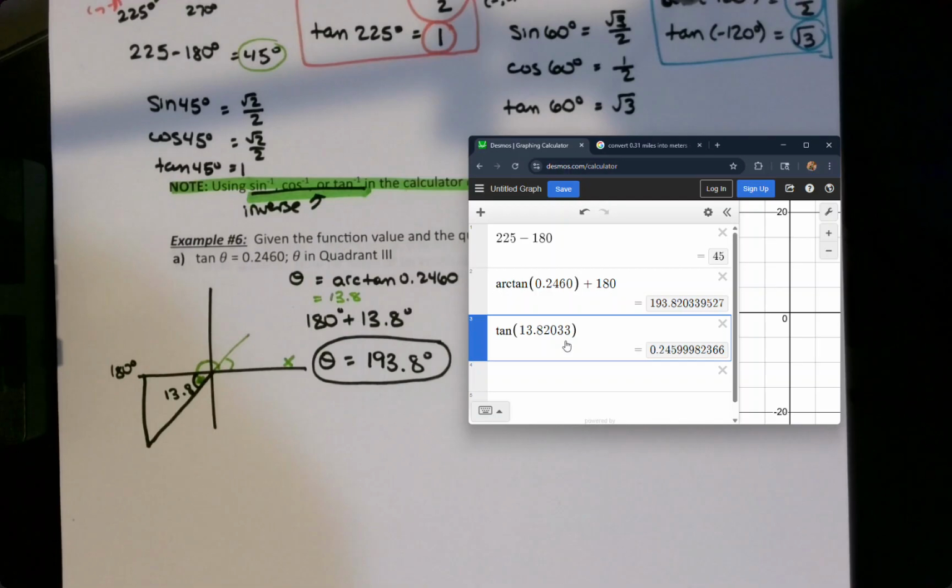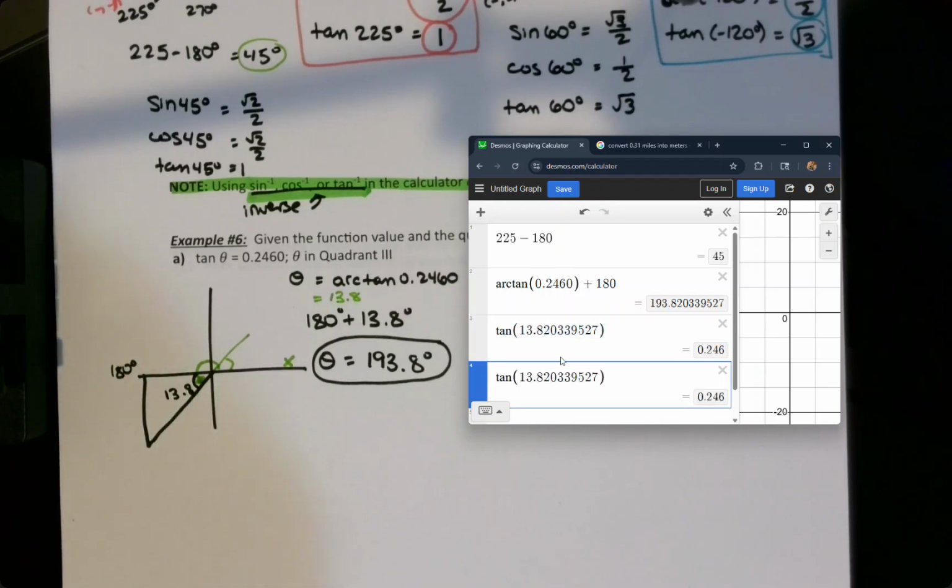You're going to see it comes out really close to 0.246.